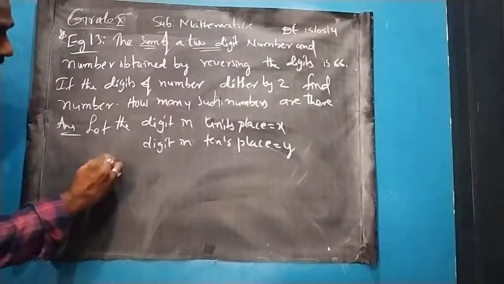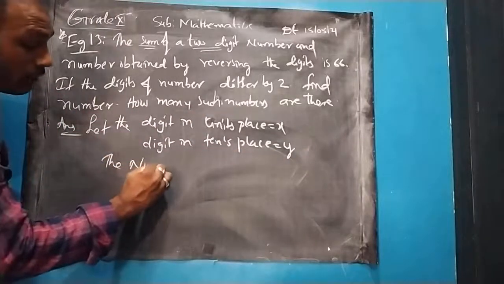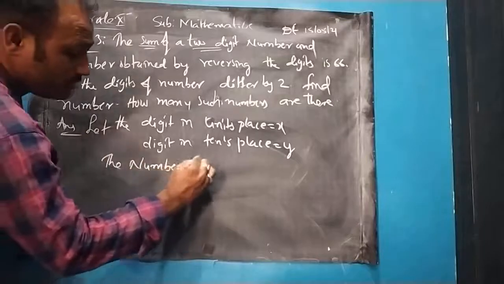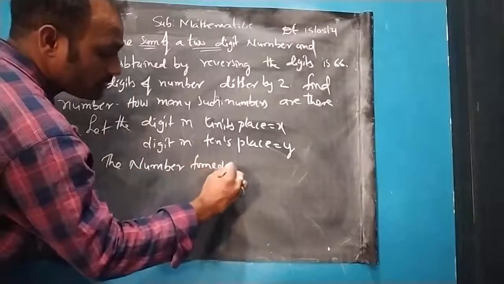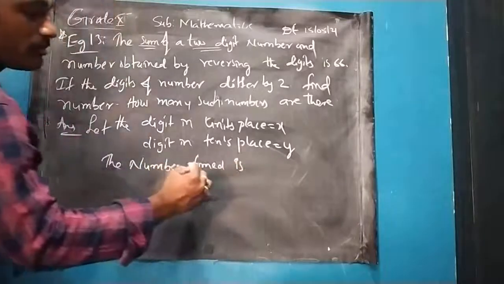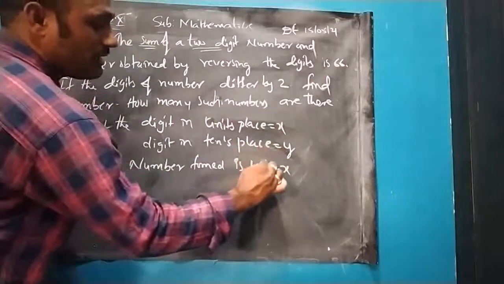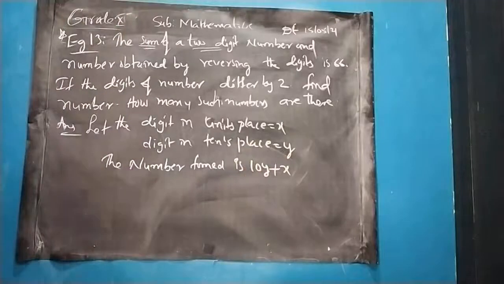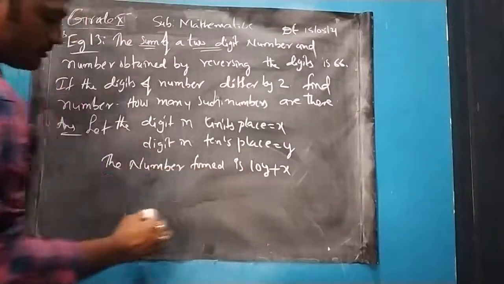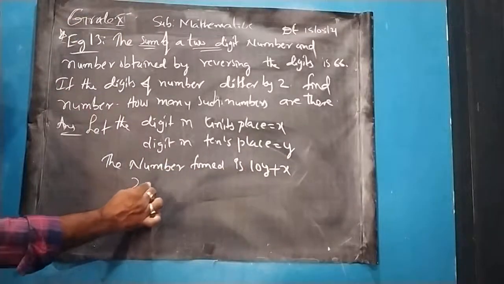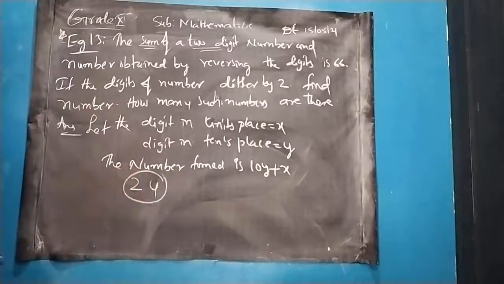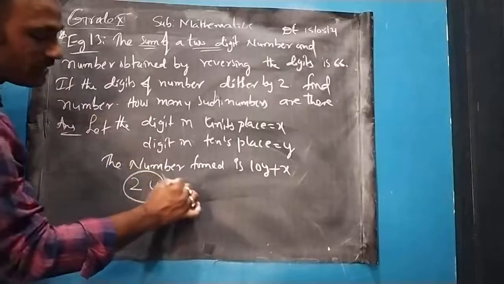So what will be the number formed here? Units place will be as such, tens place will be 10 into 1. Now look at how we are going to get this. For example, if I am asking you to write 24, a two-digit number, in lower classes we have learned the expanded form.